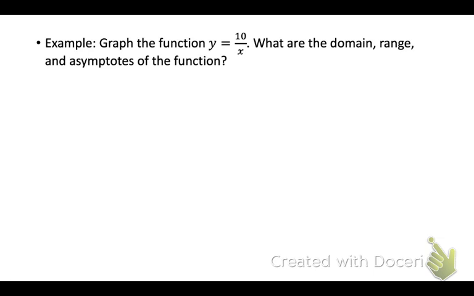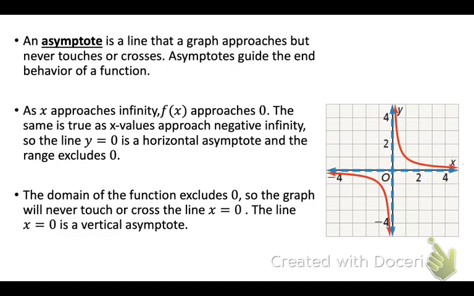So, graph the function y equals 10 over x. What is the domain, range, and asymptotes of the function? Okay, asymptotes, you can easily find them. Vertical asymptotes, we talked about it right here.